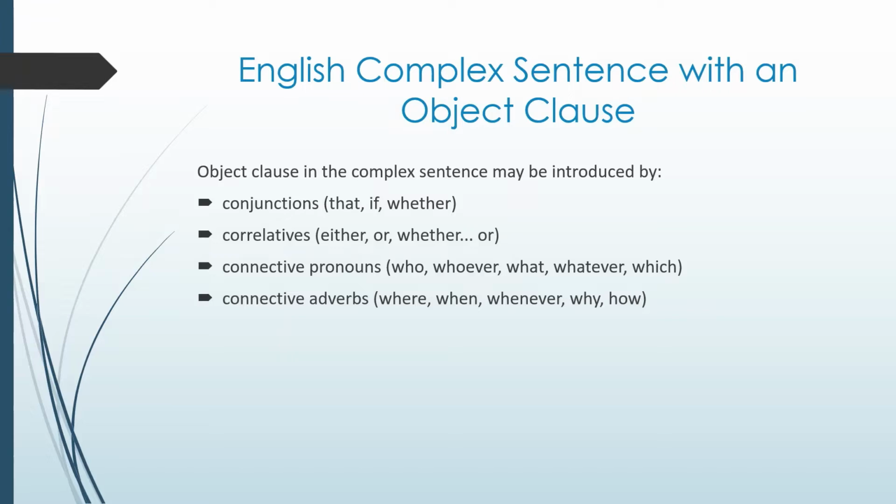An object clause in the English complex sentence usually is introduced by conjunctions such as that, if, whether, correlatives either... or, whether... or, connective pronouns who, whoever, what, whatever, which, and connective adverbs where, when, whenever, why.